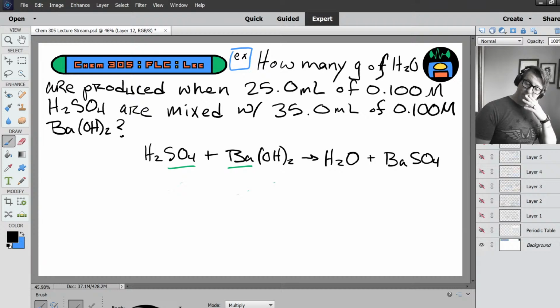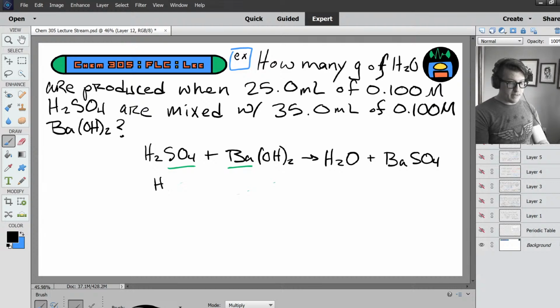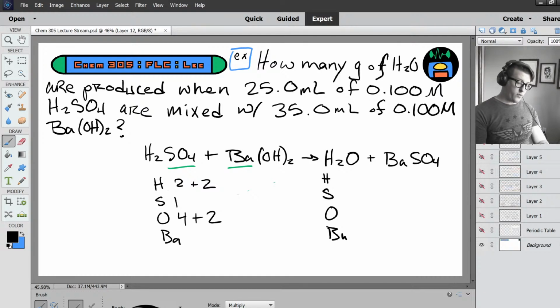So these are the reactants and the products of our chemical equation. Now we need to balance them. So we have hydrogen, sulfur, oxygen, and barium. So we have 2 plus 2 hydrogens, right? 2 from our acid, 2 from our base. We have 1 sulfur. We have 4 oxygens plus 2 more, 4 from our acid, 2 from our base, and then 1 barium.